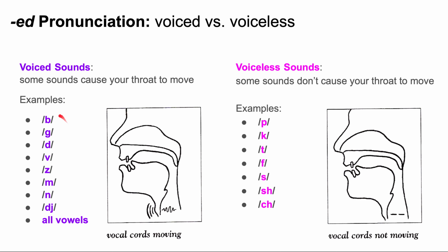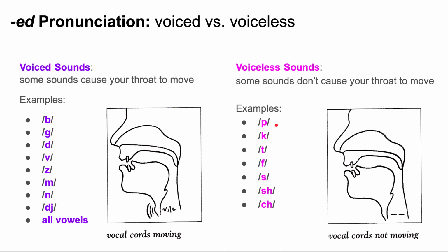For example, b, g, d, v, z, n, j, and all vowels: A, E, I, O. On the other hand, voiceless sounds don't cause your throat to move. They don't cause the vocal cords in your throat to move.